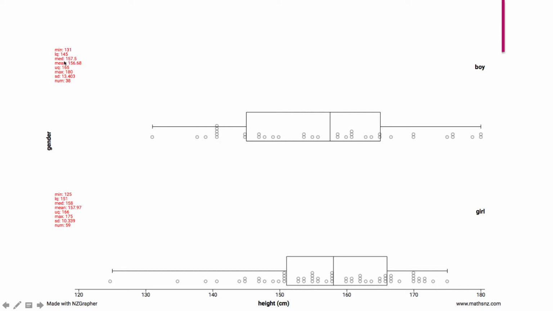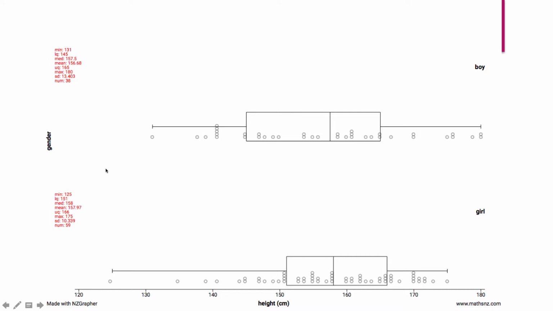If we look at this, we can see that the median height is 157.5 centimeters for the boys and 158 for the girls. And I can say that the difference between these two medians is 0.5 centimeters, and the girls tend to be very slightly taller if we take the median for this sample.